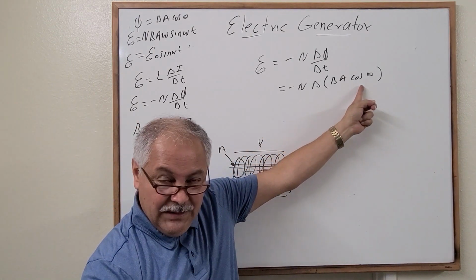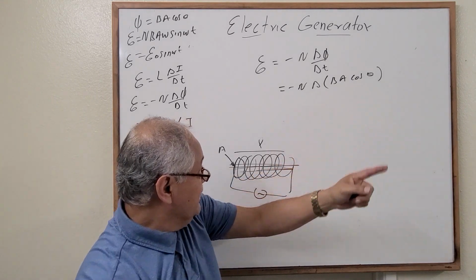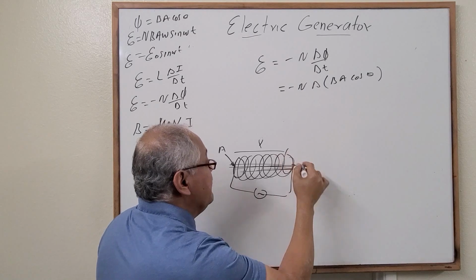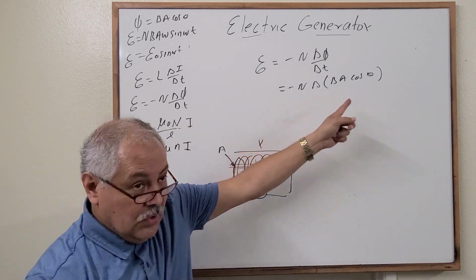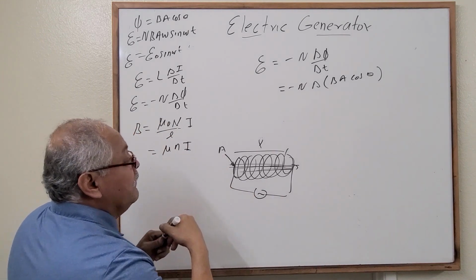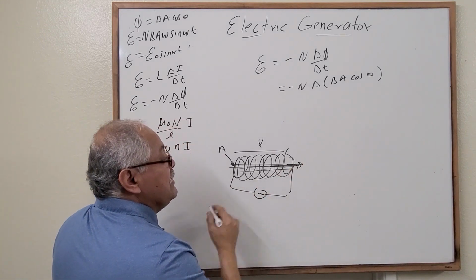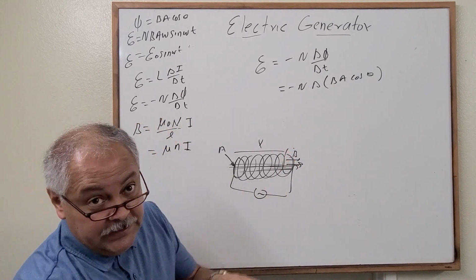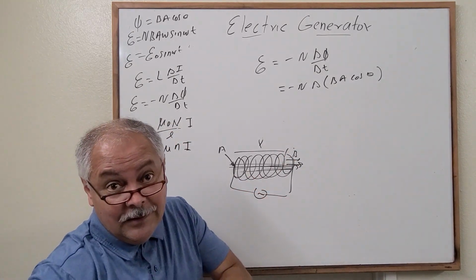The angle between the magnetic field and the direction of the area is going to be zero, because the area direction goes in the same direction as the magnetic field. So cosine 0 is going to be 1.